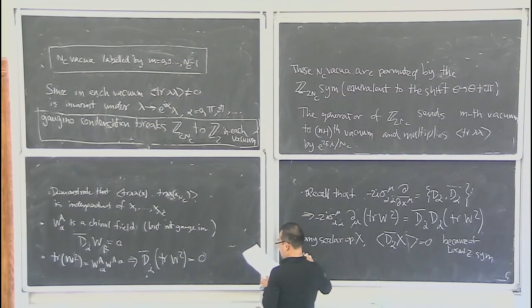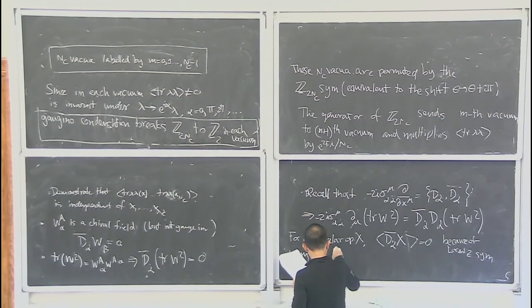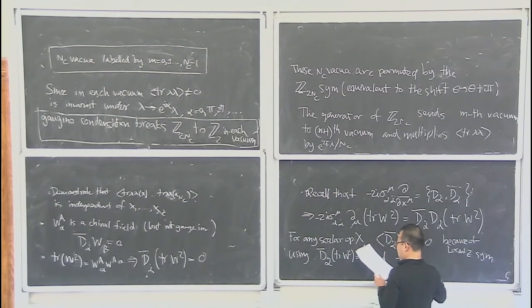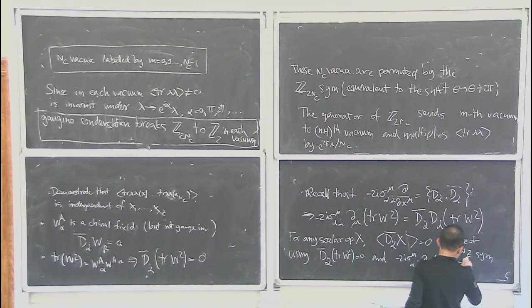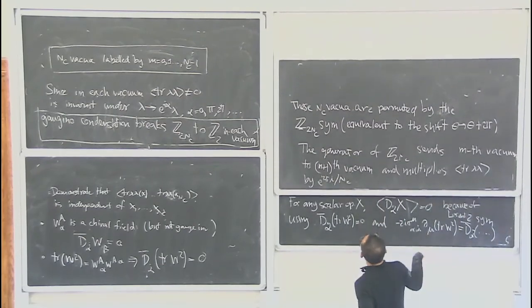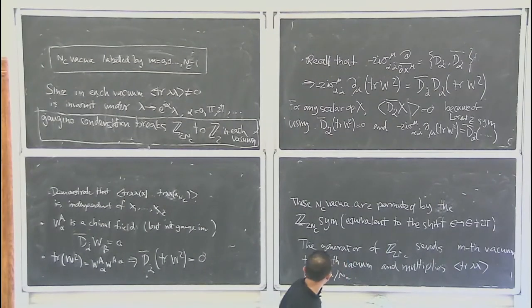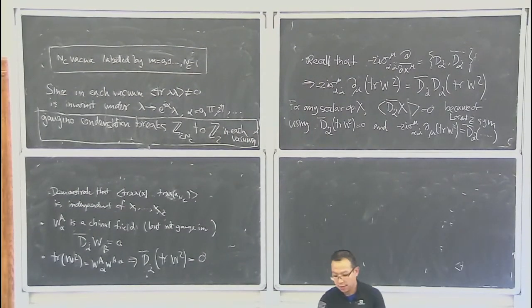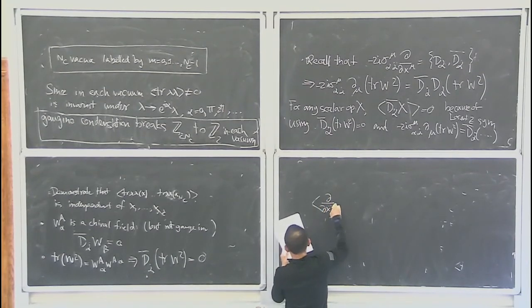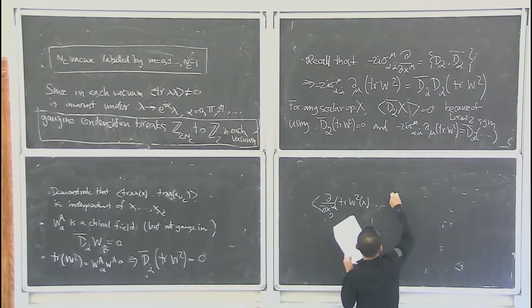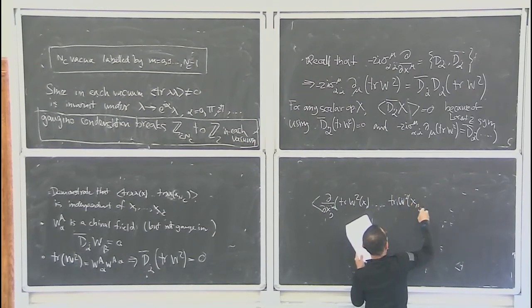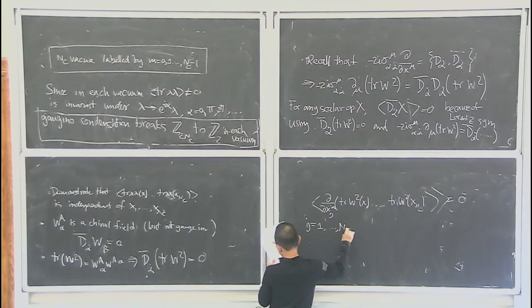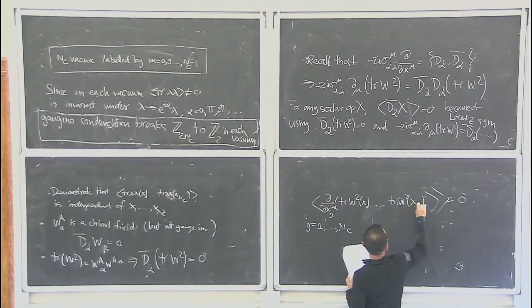Using this, you can show that this guy, for any j, well, you can put n here and then n here.